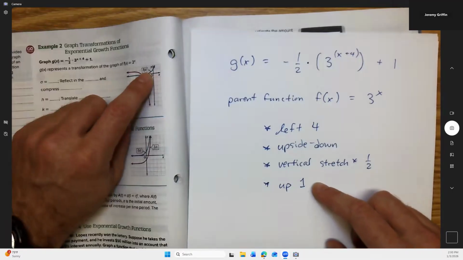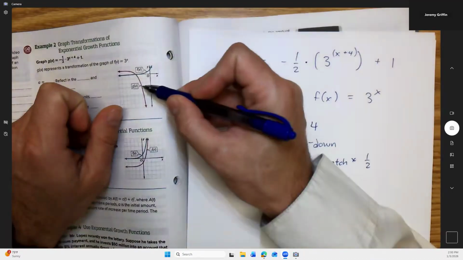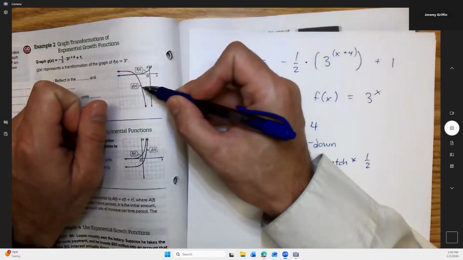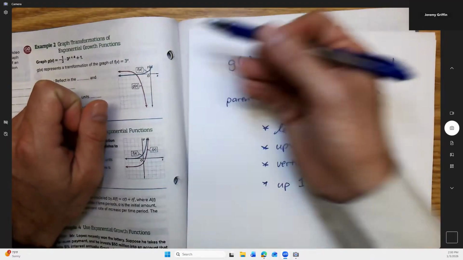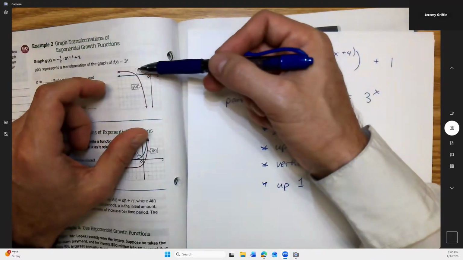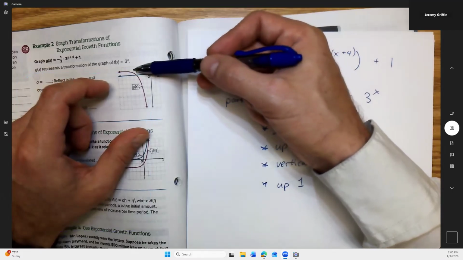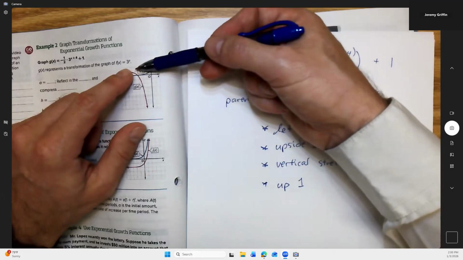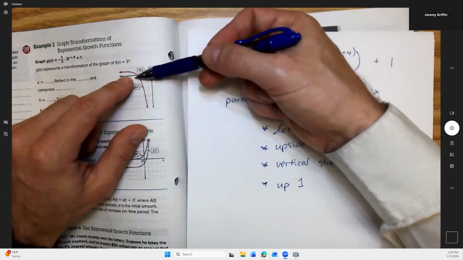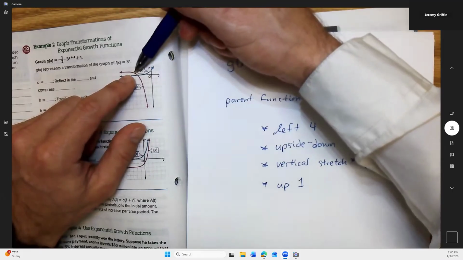Yeah, I see that horizontal asymptote right there. And I see one of the coordinates looks like, say, left 4. Let's go through this again: upside down, stretch by half.